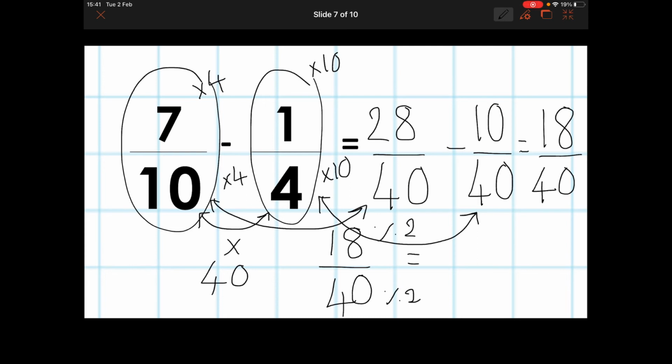How many 2's in 18? Well, that's 9. And 40 divided by 2. How many 2's in 40? I know that's 20. And we're going to stop there. 9/20 is the answer to this fraction written in its simplest term.